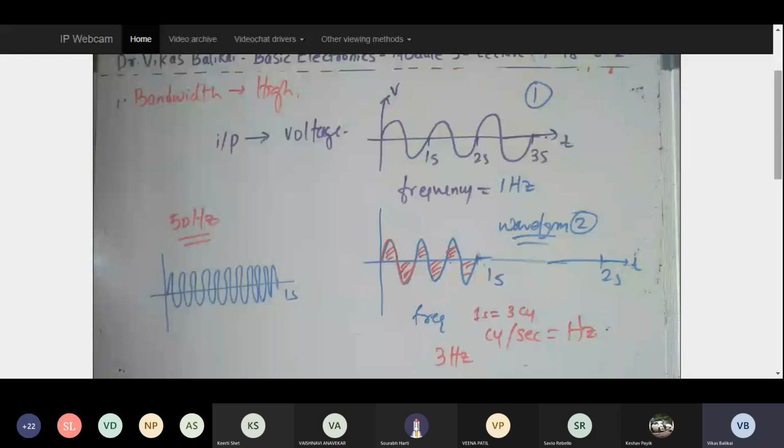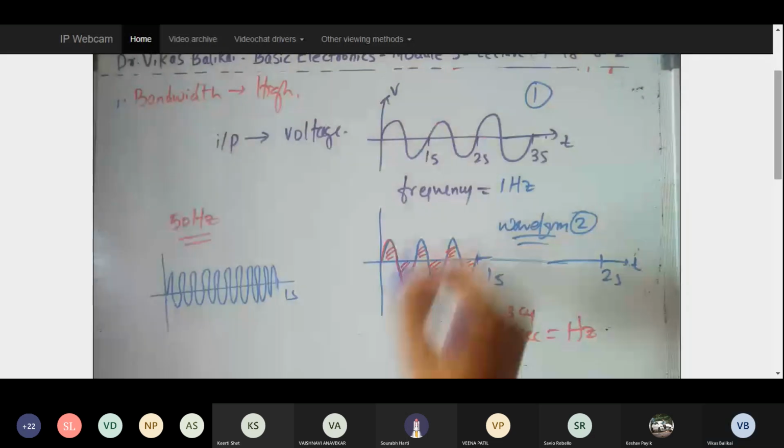The more the frequency, the signal will be very clumsy, or the density of the signal will be very thick. So this signal or the voltage, sinusoidal nature of the voltage, whatever I am drawing, every voltage signal has got some frequency.